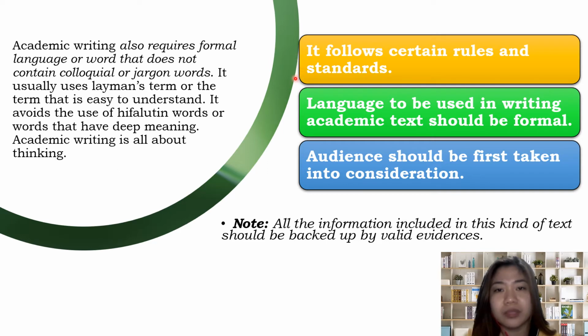The first, it follows certain rules and regulations or standards. Second, language to be used in writing academic text should be formal. Third, audience should be first taken into consideration. Note, all the information included in this kind of text should be backed up by valid evidences.